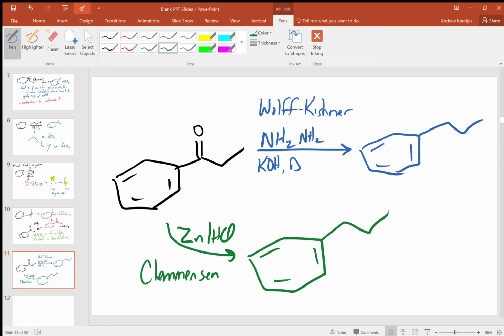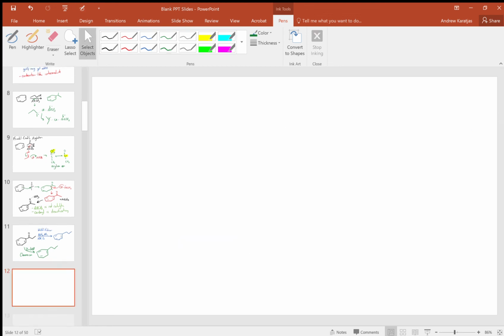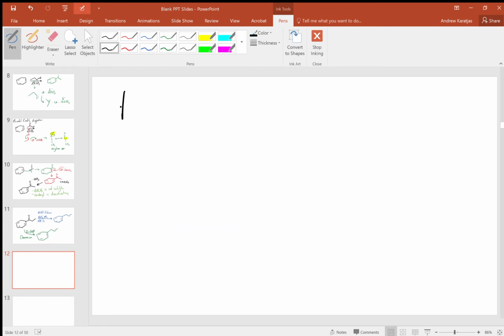There are, however, two major limitations for the Friedel-Crafts, and this is for the alkylation or the acylation. The first, you can't have any amines present in your aromatic ring. And that's because if you do have any amines, they will react preferentially with the aluminum chloride.